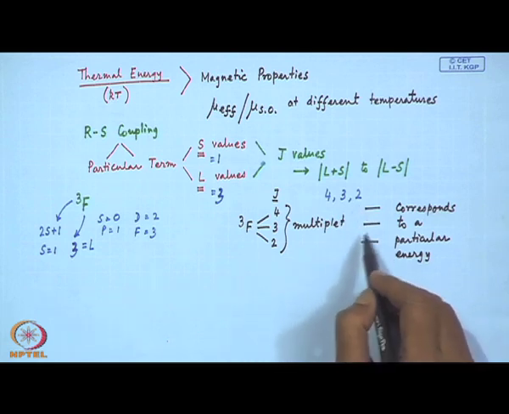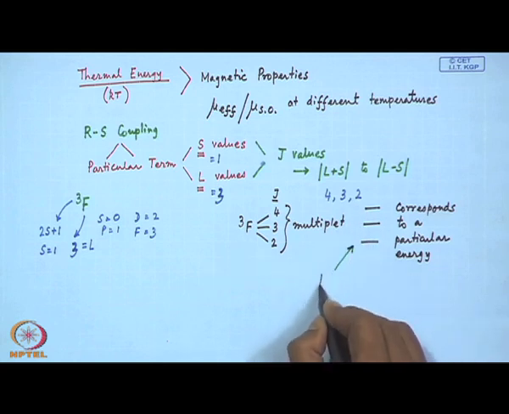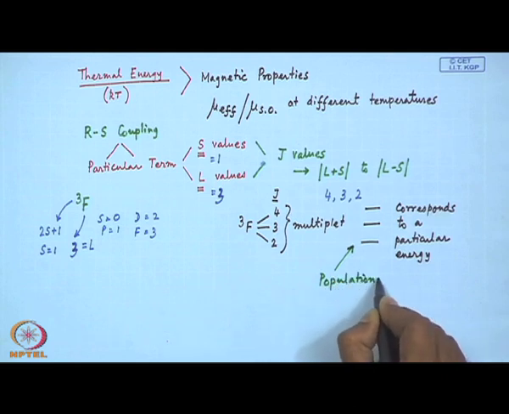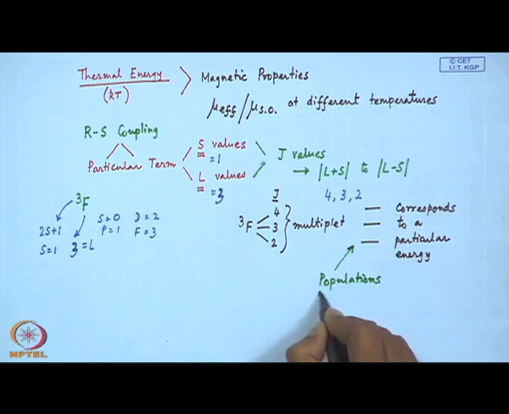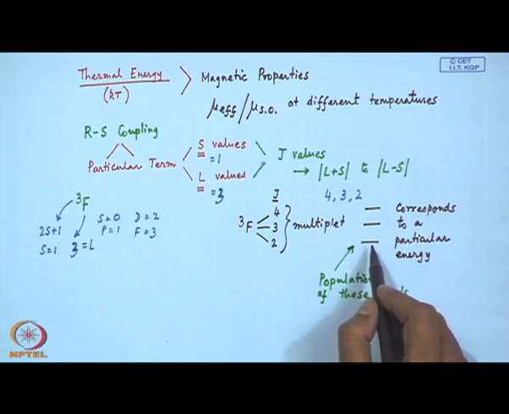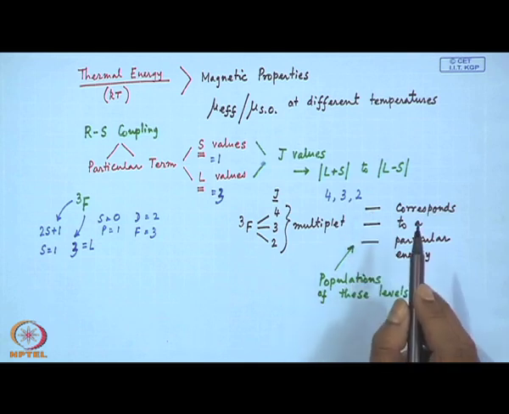Now, depending upon the available kT value, if we have different levels, we can think of the corresponding populations of these levels. The populations of these levels are therefore important. Population gives us an idea of whether our magnetic moment will be due to the ground state, the first excited state or the second excited state.